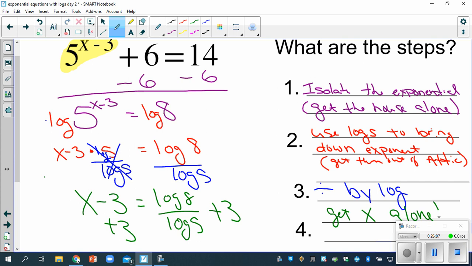Here's what I got: log 8 divided by log 5 plus 3 equals 4.29. Yay. And there are your steps.